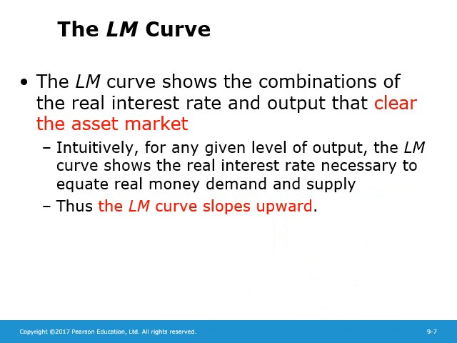So to recap, the LM curve shows the combinations of the real interest rate and output that clear the asset market, that achieve equilibrium in the asset market, where the real money demand is exactly equal to the real money supply. Intuitively, for any given level of output, the LM curve shows the real interest rate necessary to equate real money demand and real money supply. And thus the LM curve, as we saw in the graphs, slopes upward.